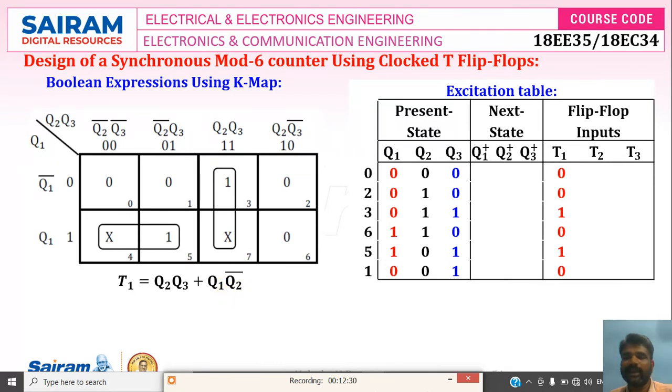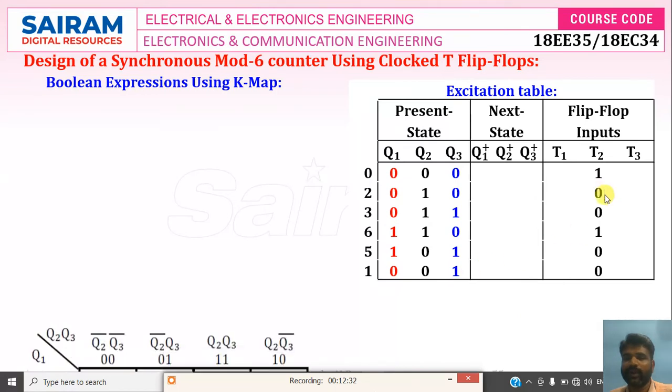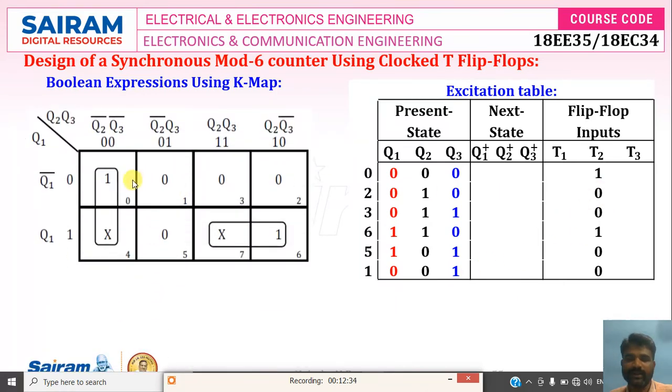Similarly, consider the T2 column and make the entries as I explained, and here 2 pairs are possible. For this the expression is Q2 Q3, and for this Q1, and the common one from this is Q2. So this is the expression.